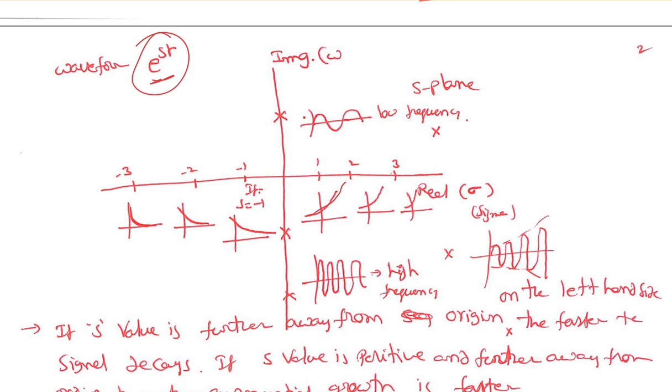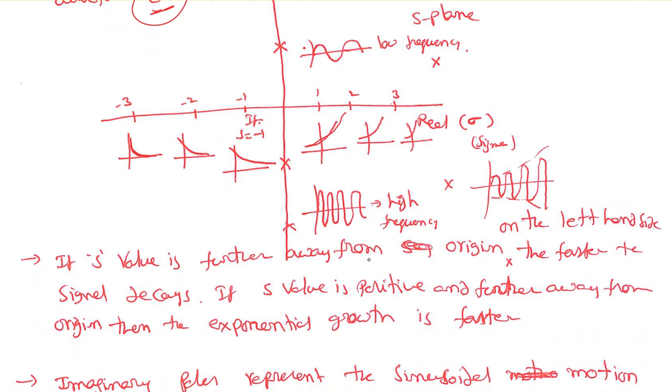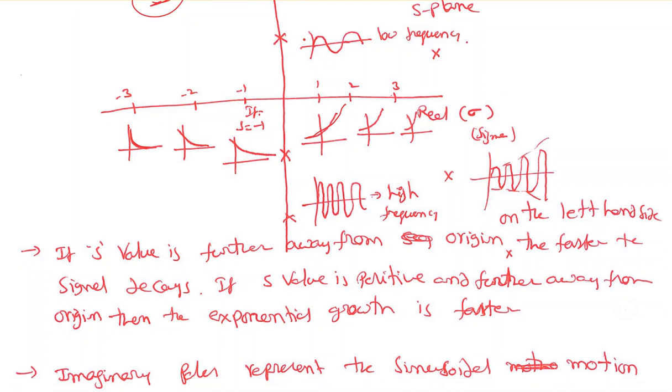If the s value is further away from the origin on the left hand side, the faster the signal decays, so it's going to settle faster. If the s value is positive and further away from the origin, then the exponential growth is faster. As I mentioned, if it is further away, it's more unstable.